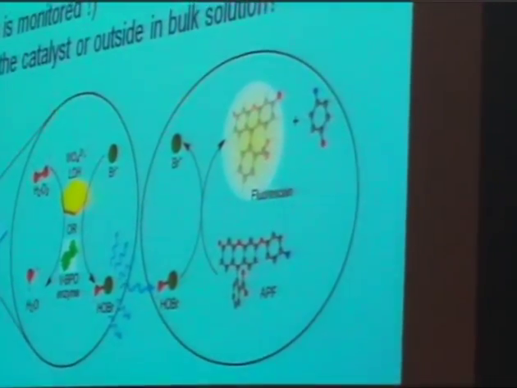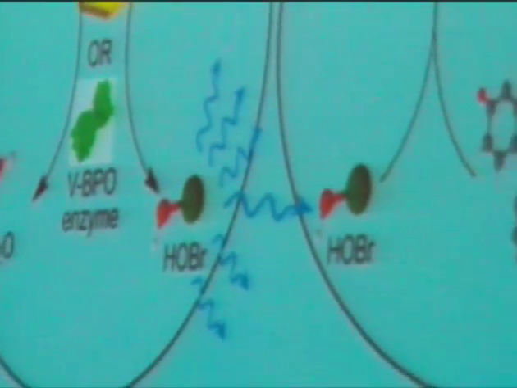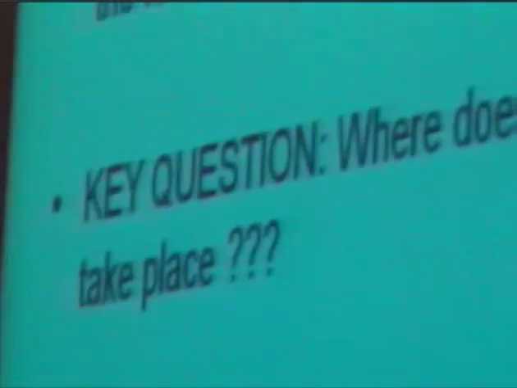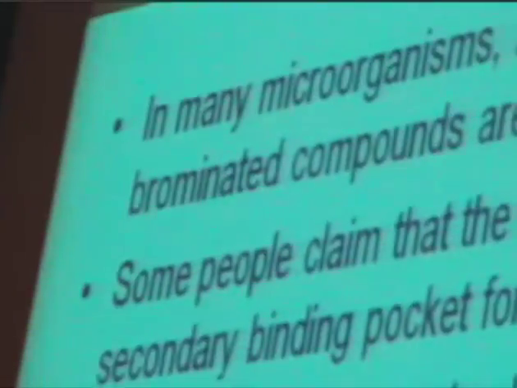Now, the key question here is, where does the secondary reaction take place? Because nowadays there is quite some debate in literature about this issue. I will not go into too much detail, but there are two hypotheses. There are people that say that hypobromide always is released from the catalyst, freely diffuses in the bulk solution, and performs a secondary reaction there.